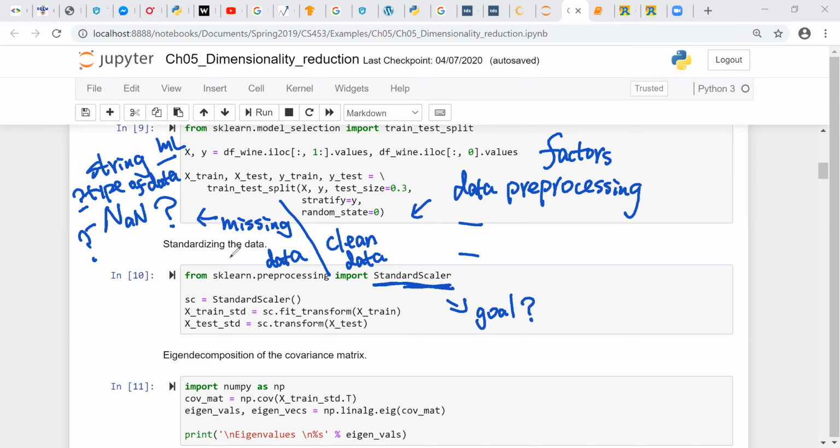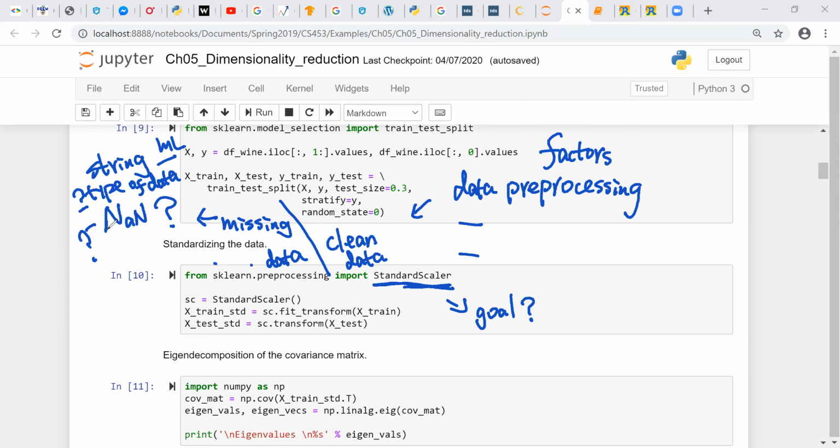For missing data, who remembers? Masking using the NP range. What is that? I'm sorry. Masking using the np.arange function. Oh no, not that. Missing data.